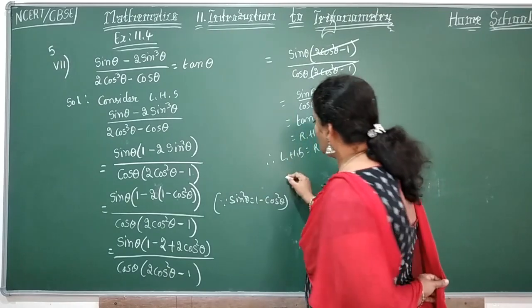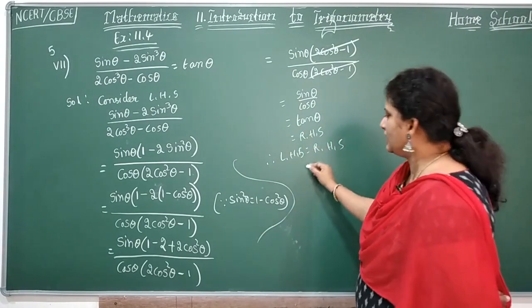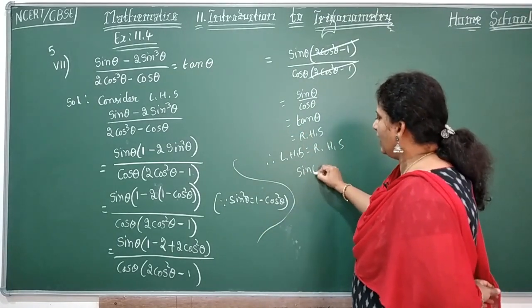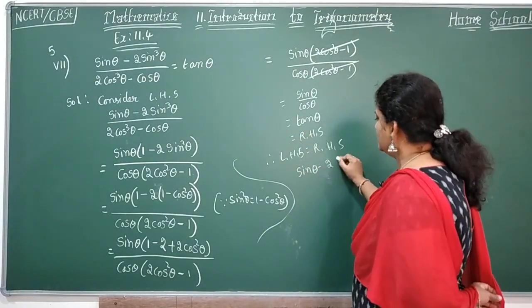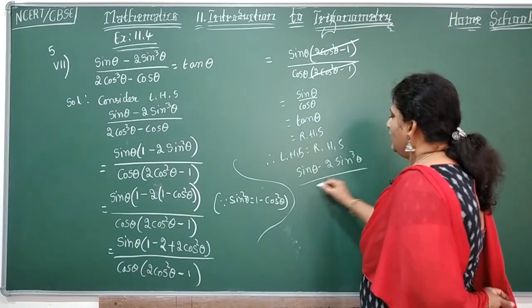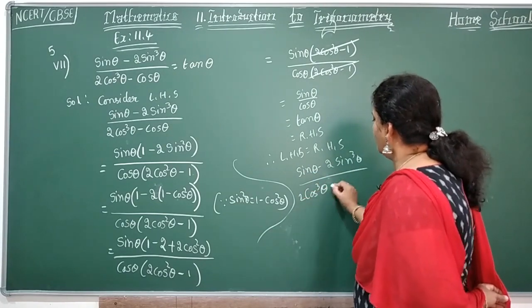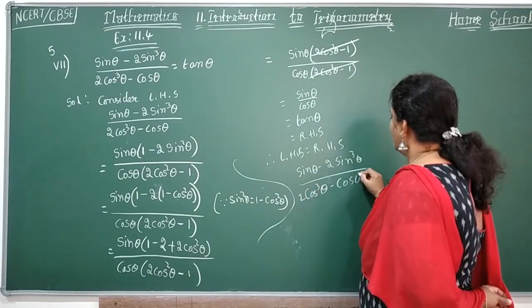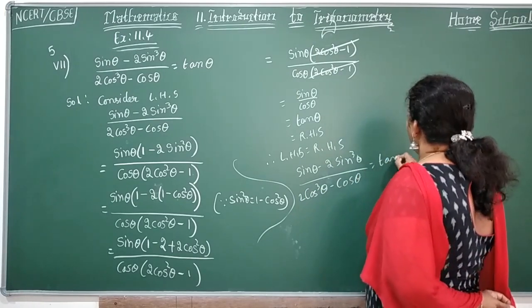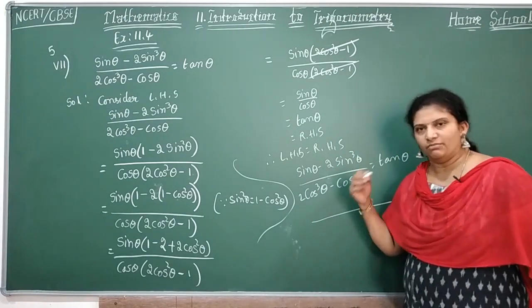Rewrite the question here: sin theta minus 2 sin cube theta by 2 cos cube theta minus cos theta is equal to tan theta. Finally, hence it is proved.